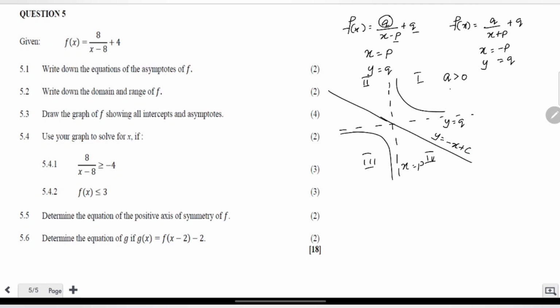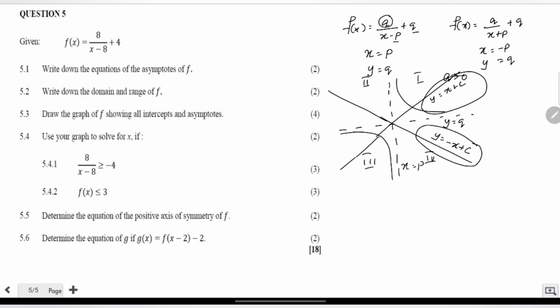Then another one is this one, which passes through the third quadrant and first quadrant like this, and its equation is y is equal to x plus c, positive gradient. One is the axis of symmetry with the positive gradient, that is this one, then the axis of symmetry with the negative gradient, that is this one.